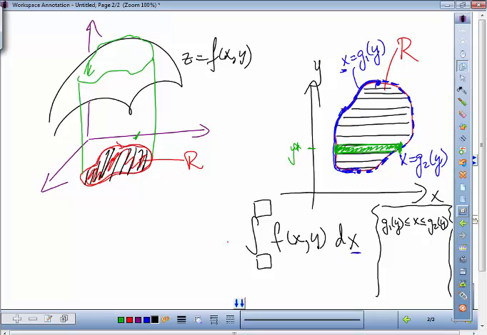So really, the things that go into this block over here are going to be these functions. The g sub 1 is the lower limit, and they're functions of y. And then the g sub 2 goes in the upper limit.